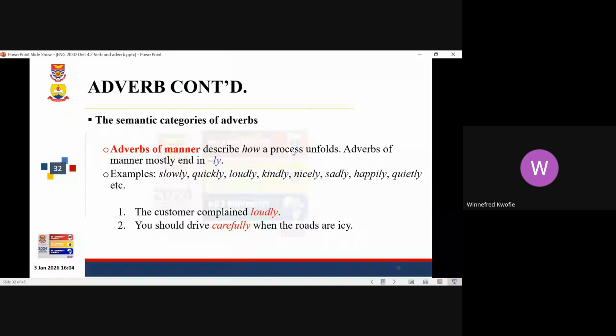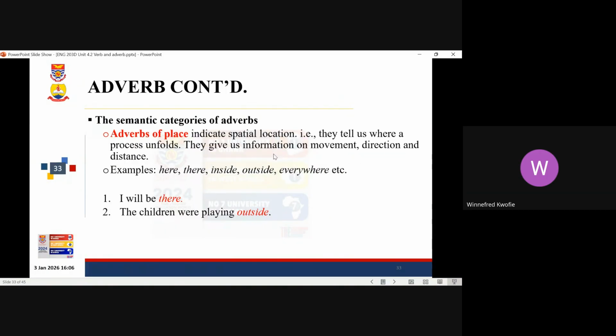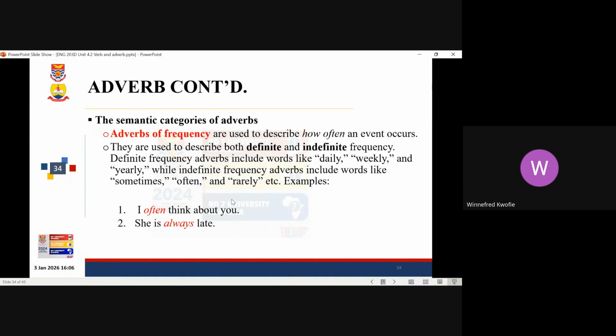I wish you keep these expressions in mind. Then adverbs of place tell us where a process unfolds. So time, when a process unfolds; manner, how a process unfolds; and place, where a process unfolds: here, there, outside, everywhere.